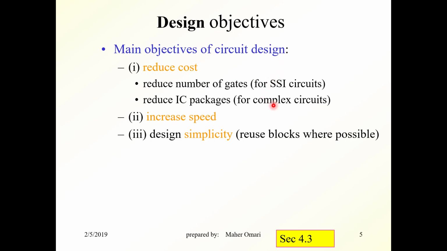If you're using complex circuits, you have to use fewer integrated circuit packages. Okay? One of your objectives should be to increase the speed, so you have a fast digital circuit. Another objective should be the simplicity of the design. So try to use and reuse the blocks where it's possible.